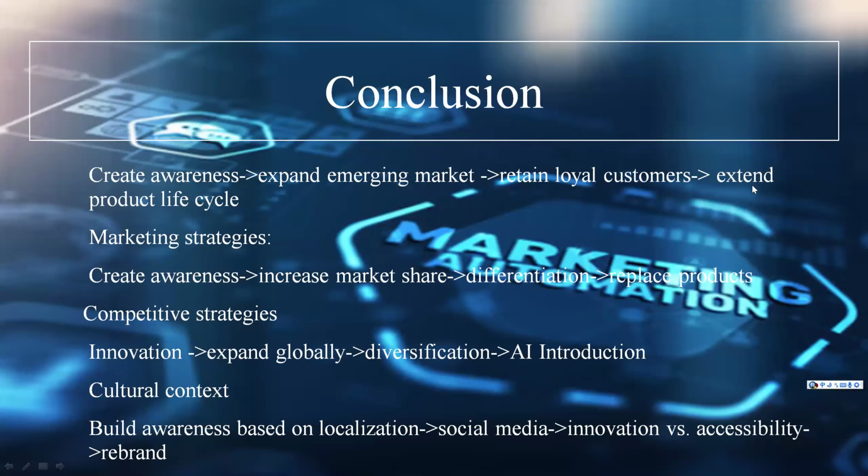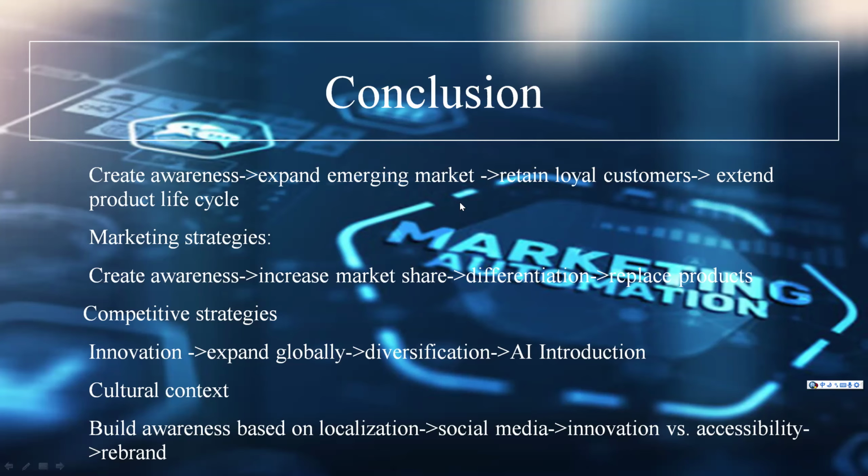So when we talk about the product life cycle analysis, the first stage is creating awareness. Then the next stage is expanding into emerging markets, especially developing countries. Then the next stage focuses on retaining loyal customers and extending the product life cycle.